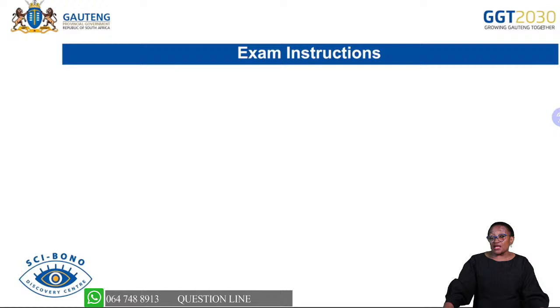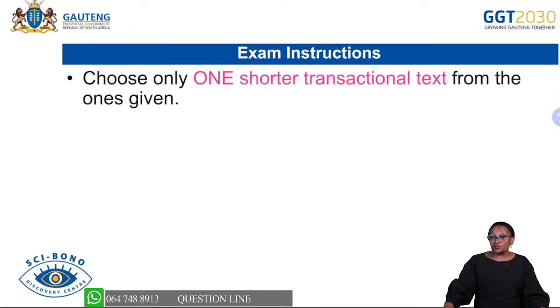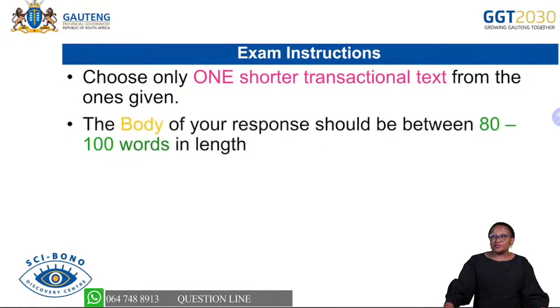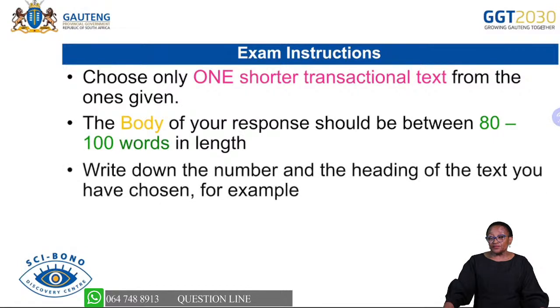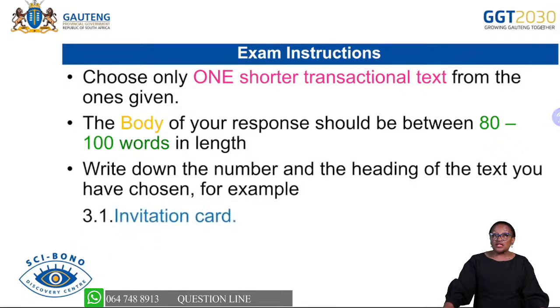Let's have a look at the exam instructions. Choose only one shorter transactional text from the ones given. The body of your response should be between 80 and 100 words in length. Write down the number and the heading of your text you have chosen. For example, 3.1 invitation card.